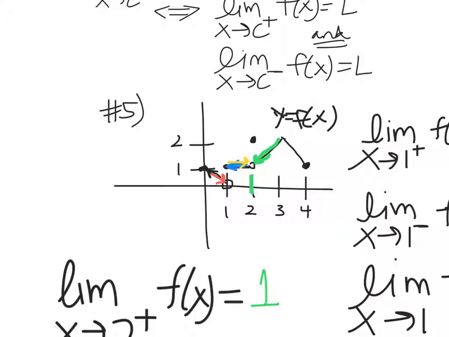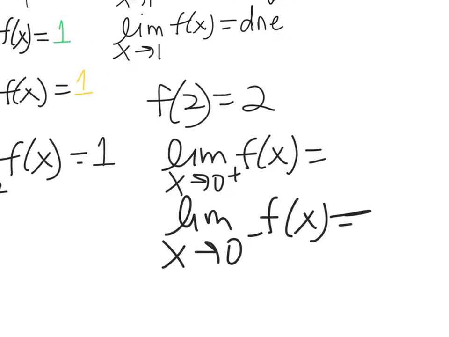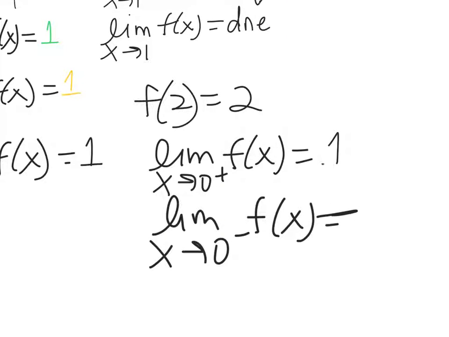How about from the left? There's nothing. There's no graph on the left of 0. So this would be 1, and this would be does not exist. There's no graph over there on the left side of 0. The limit at 0 would not exist. On the right-hand side, it's 1. On the left-hand side, it doesn't exist.